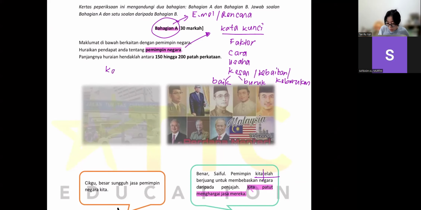So your kata kunci for this will be cara or usaha. It's the same thing, cara and usaha. Okay, now your main topic is about what? Pemimpin negara. Don't forget the country leader, pemimpin negara.